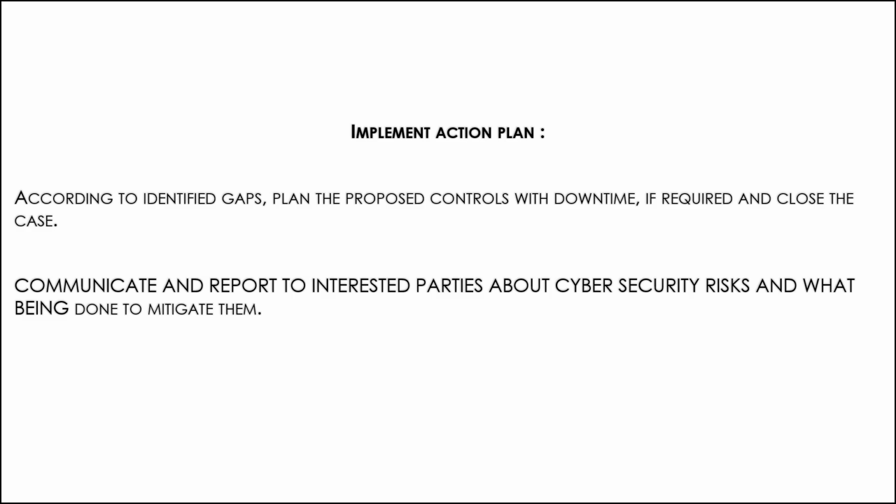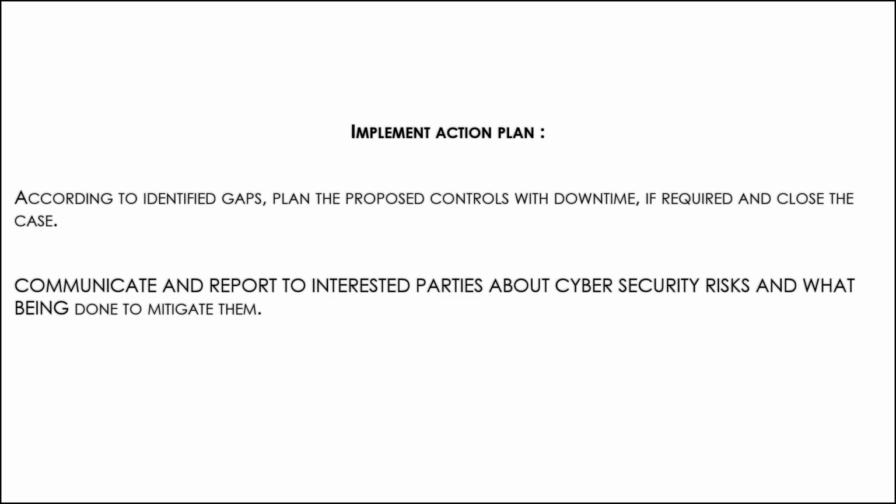Select from it sequentially or priority-wise and implement all these gaps. If downtime is required, raise a CAB, which is change advisory board, use the change management process and implement the same.